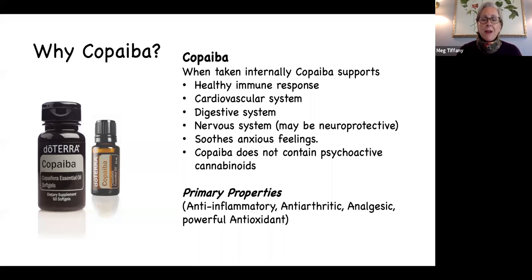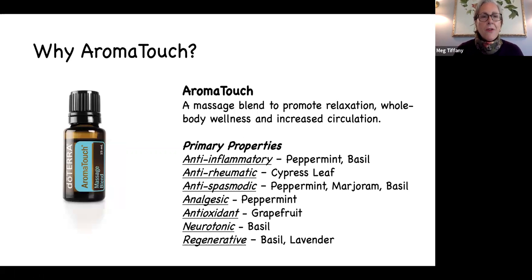Naturally, Copaiba is also anti-inflammatory, anti-arthritic, analgesic, and a very powerful antioxidant. So again, when grouped together with Deep Blue, it provides a very powerful tool for managing pain. Now, there are a few other wonderful oils that can really help with managing pain.